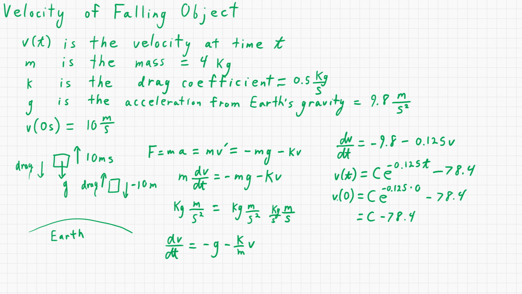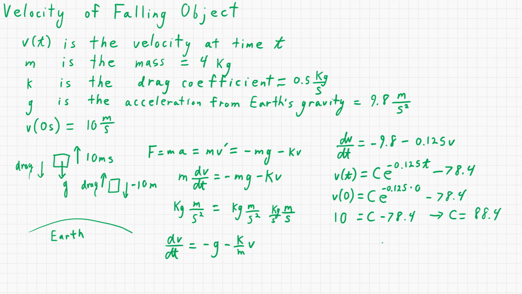But we also know another thing. We know that v at time 0 was 10. We specified that over here. The initial velocity is 10 meters per second, which means it's going upward away from the Earth. So in order for that to work, c has to equal 88.4.